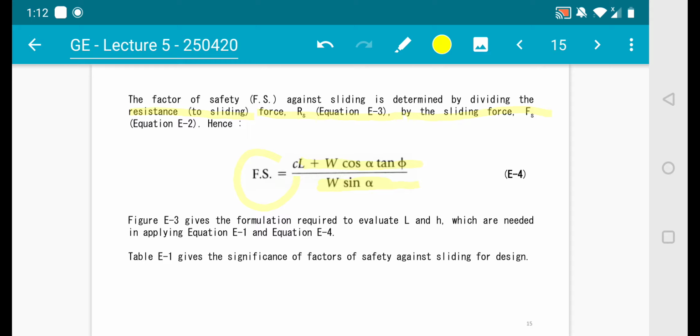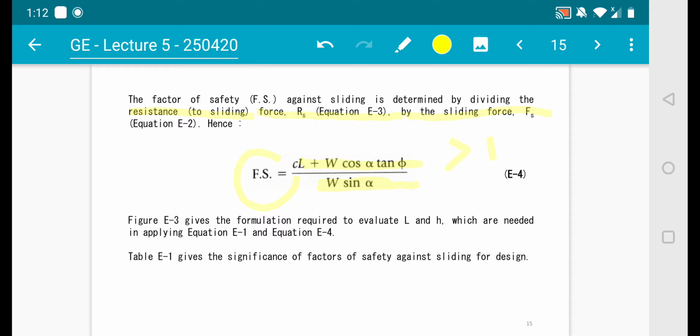So in simple concept, if the resistance is of higher value than the stress, that means very good, the factor of safety will become higher, more than 1, so it is prone to a safe slope.